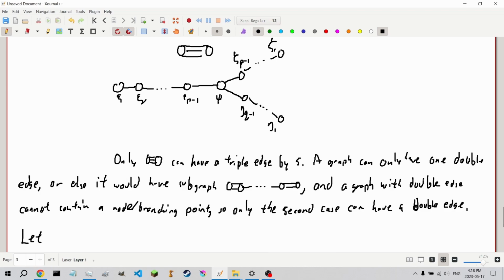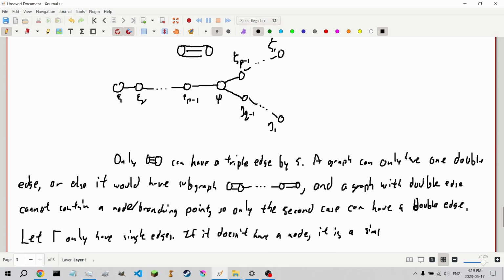So let sigma only have single edges. If it doesn't have a node, it is a simple chain, the first case, as it has no cycles.